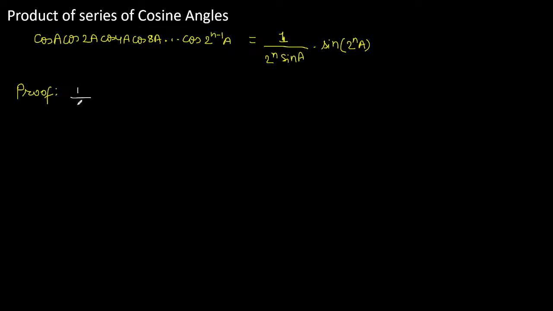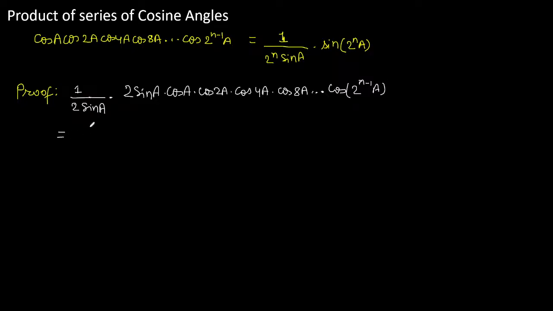So, if you divide by 1 by 2 sine A, we will multiply with 2 sine A, and we have cos A, cos 2A, cos 4A, cos 8A, up to cos 2 to the power n minus 1 into A. You will find that when we have 2 sine A, and here we have cos A, it gives sine 2 to the power 1 into A, and we have cos 2A.